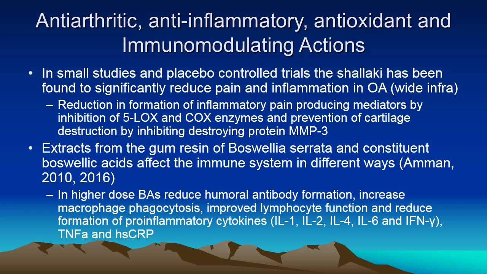In general, anti-arthritic, anti-inflammatory, antioxidant and immunomodulating actions of Boswellia extract and purified extracts are the key components for their use in osteoarthritis. In addition, MMP3 that causes cartilage destruction is also inhibited. Therefore, multiple actions are responsible for their beneficial action.